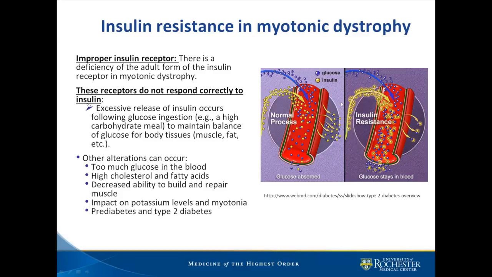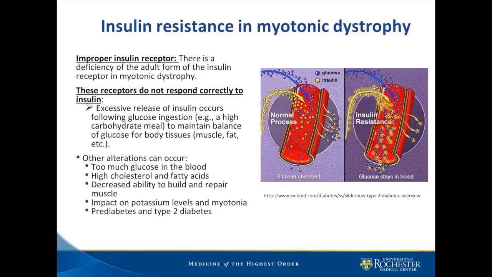So if you look at this diagram and you look at the blue dots of glucose and the yellow dots of insulin, normally there's a certain mixture of insulin released by the pancreas to handle a particular dose of glucose, and then there's a nice uptake by this idealized cell and this movement out of the blood vessel. In insulin resistance, there is much more insulin required to help even a smaller amount of glucose go into cells.